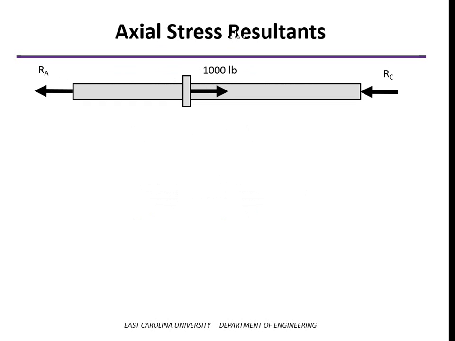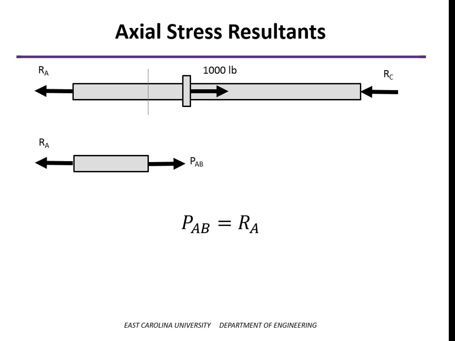Now, those stress resultants P, we want to relate to the reaction forces Ra and Rc. So let's start out by making a cut somewhere between A and B. The stress resultant in the axial direction, PAB in this case, has to be equal to the reaction force on the left end.